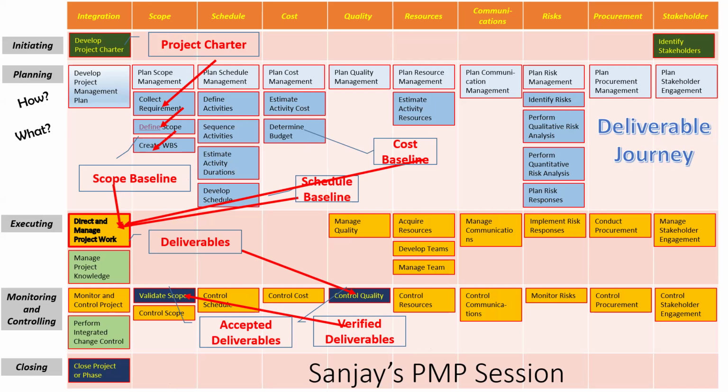Remember, verified and accepted. The difference is that verified means your own team has verified it. Accepted means it is accepted by the customer. Deliverables is what you have created. Verified means you have tested it. Accepted means the customer has accepted it.